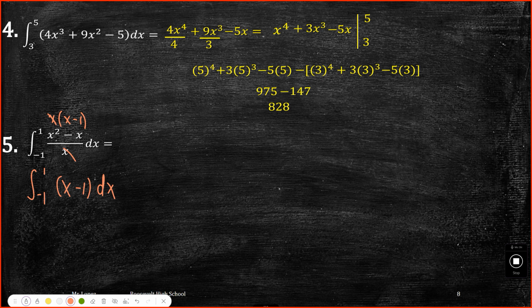And now we can integrate x squared over 2 minus x, from negative 1 to 1. It's going to be 1/2 minus 1, minus, 1/2 minus a negative 1.